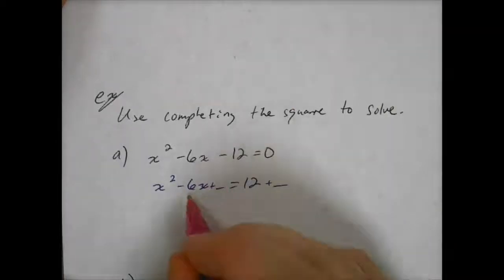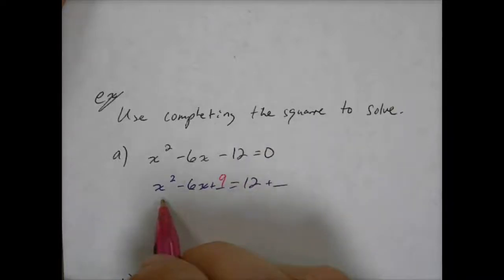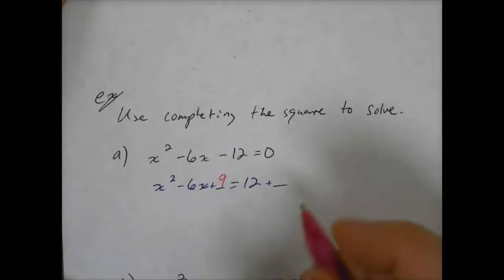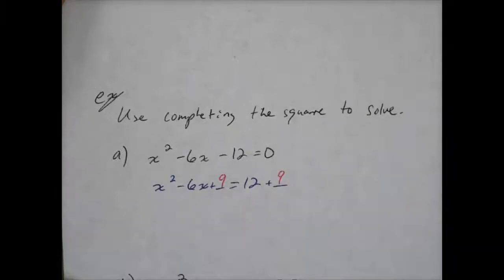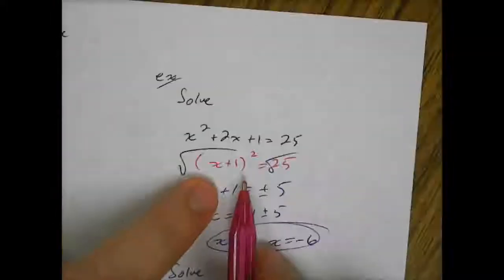So say I complete the square on this side, half of 6 is 3, 3 squared is 9. Well, notice I added 9 to this entire side, so I add 9 to that side too, adding 9 to both sides keeps the equation equal to itself. So really our goal was to try to get something like what we were getting here.